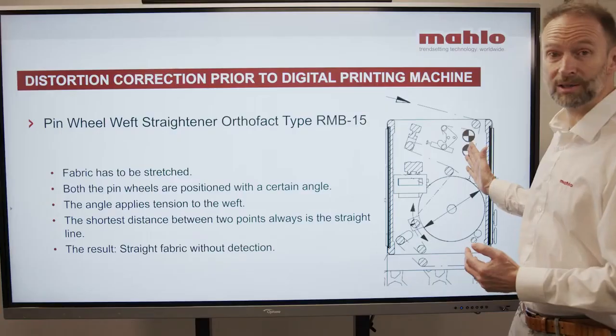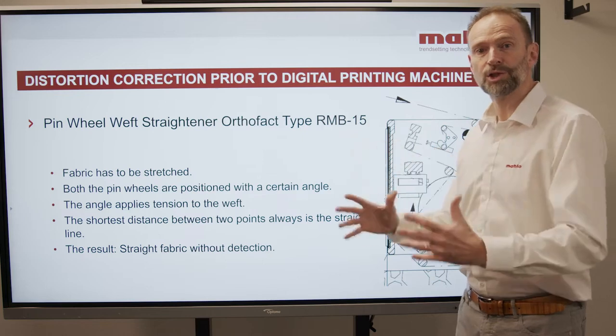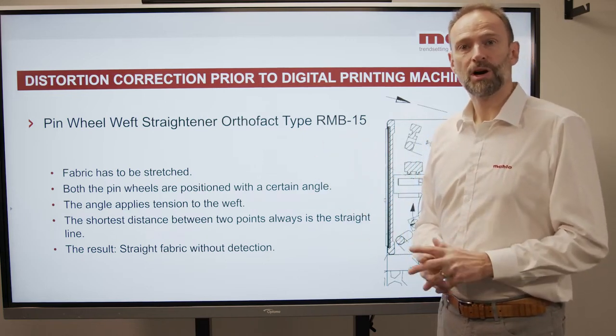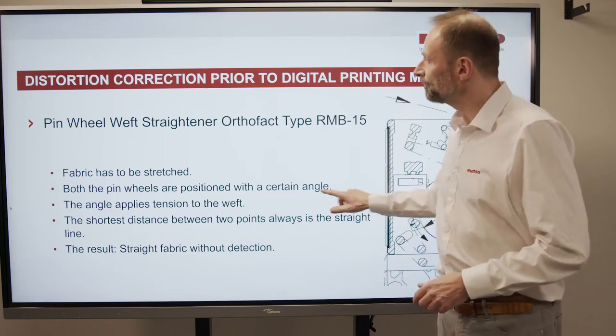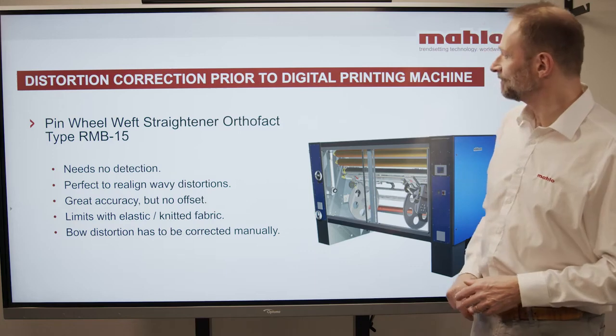And this is something that we can use for really nearly every fabric, which is not stretchable, not elastic, and therefore this is actually how it looks like. Therefore this machine will make sure that you always have a straight fabric before you go to the printing machine. So this is how it looks like.